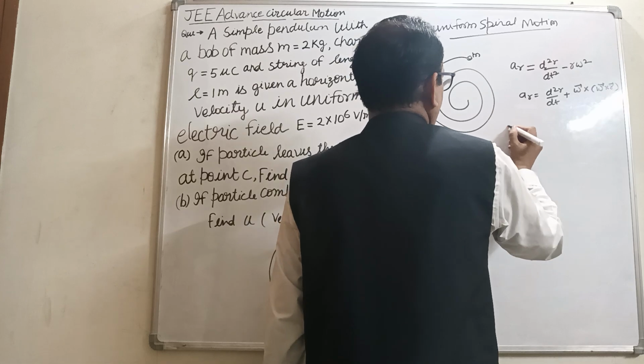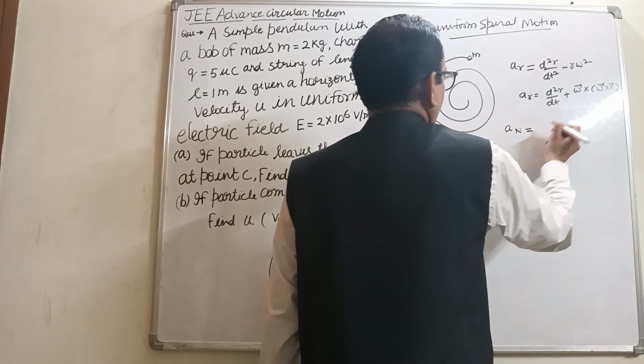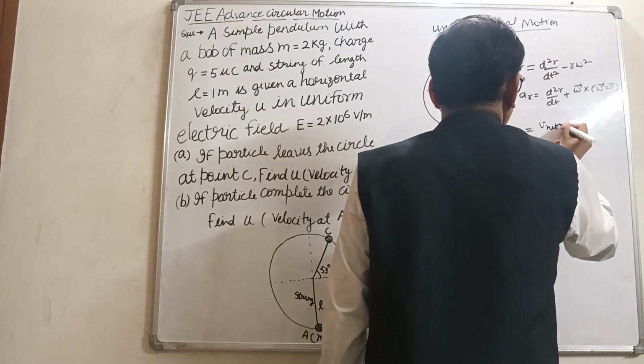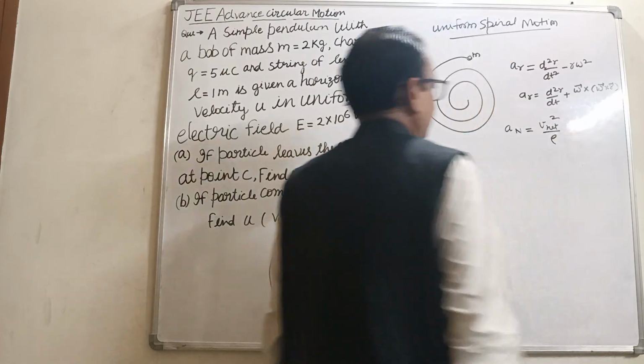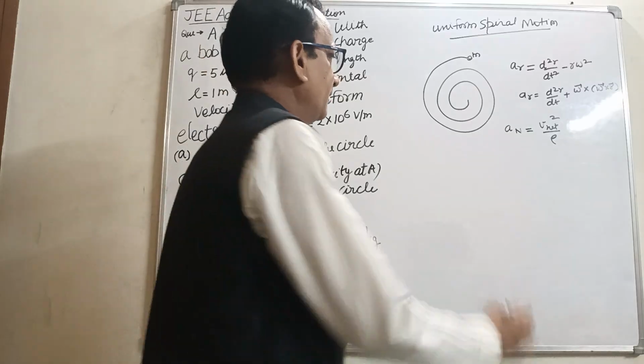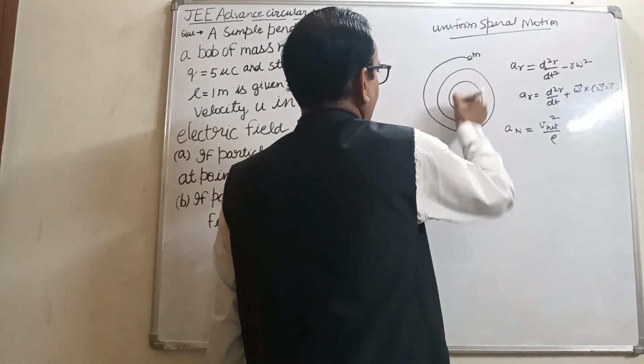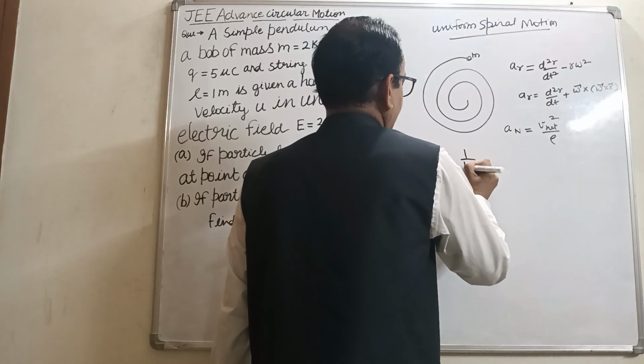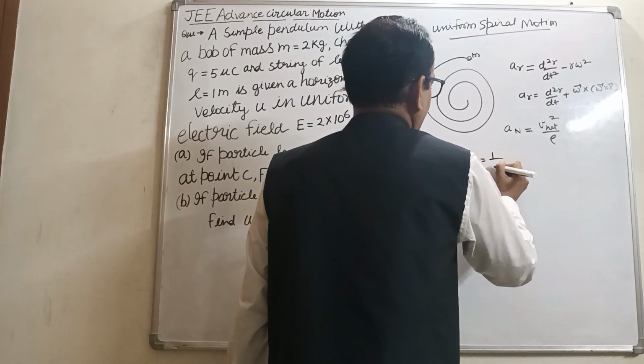So what would be the normal acceleration here? Normal acceleration would be v net square upon radius of curvature. What is radius of curvature? Radius of curvature of curve. So radius of curvature is 1 by k, this is 1 by curvature.